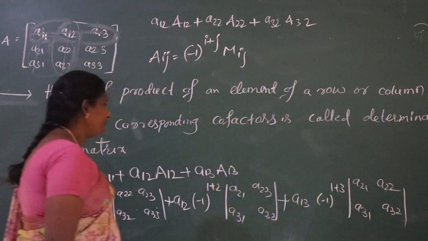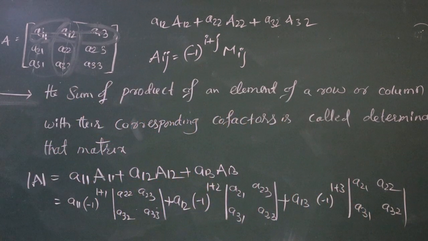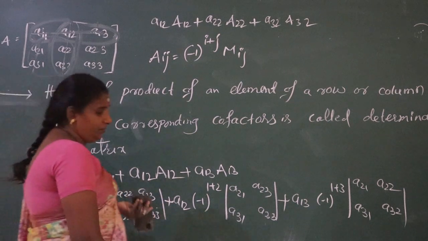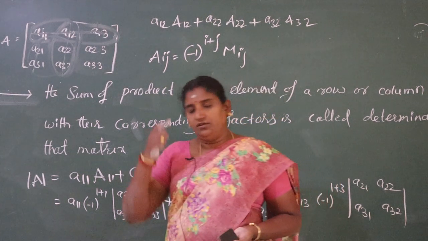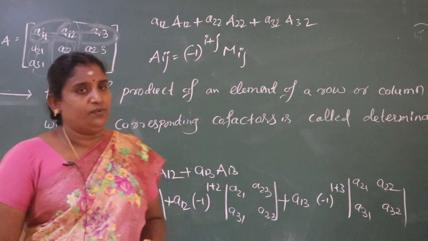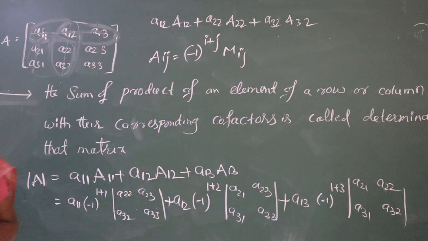That's it. This is the definition to find the determinant of a 3 by 3 matrix. And how to find the values, how to do it using examples, I will explain in the next class.